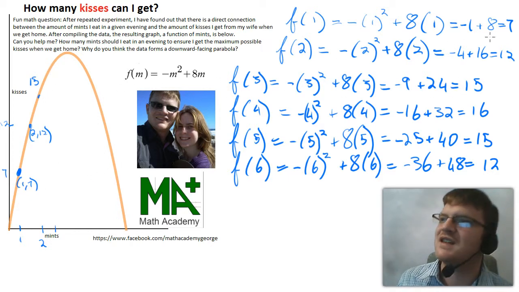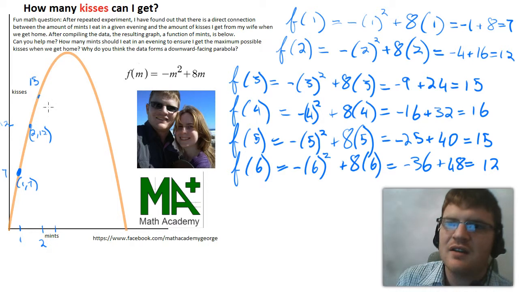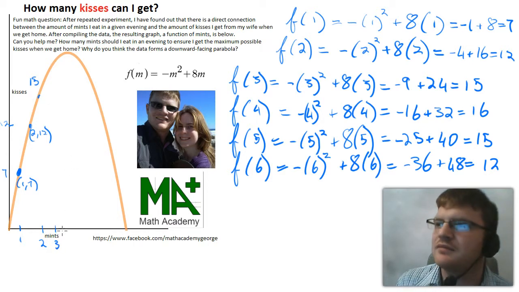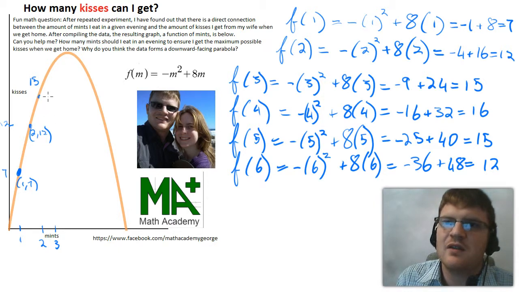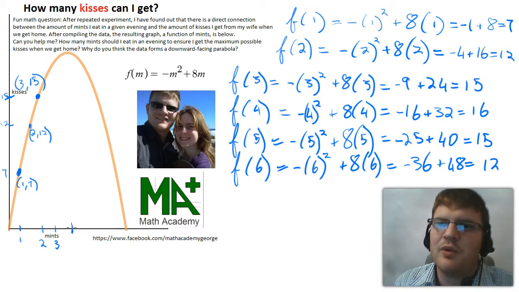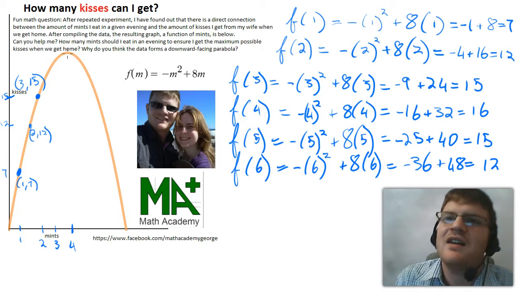So for 1 we said 7, for 2 we said it was 12, for 3 we said it was 15. So that'll be like around here, right? 3, 15. That'll be this point. And our maximum point: for a total of 4 mints, I'm going to get 16 kisses.